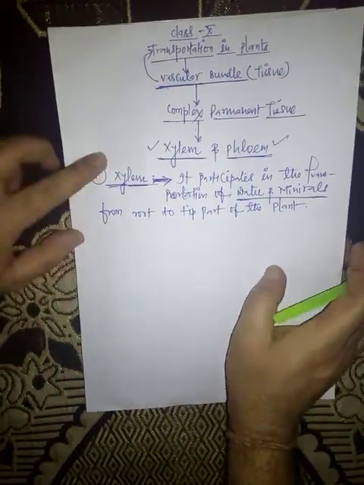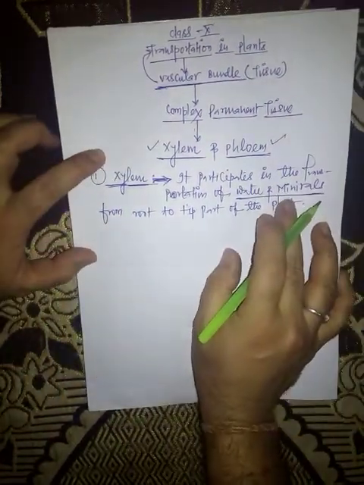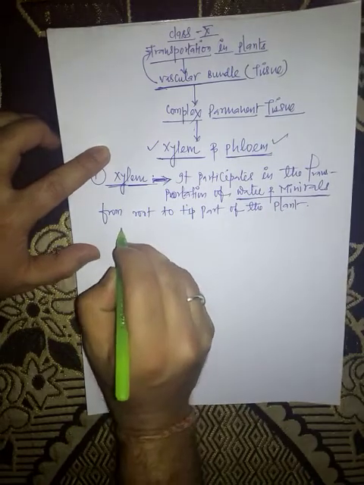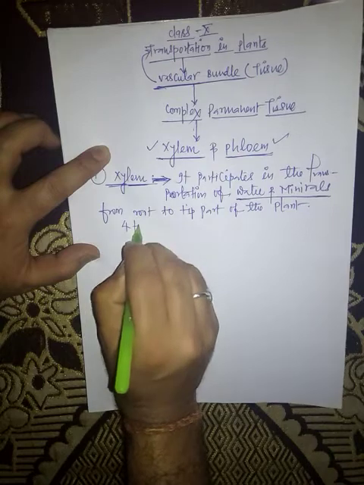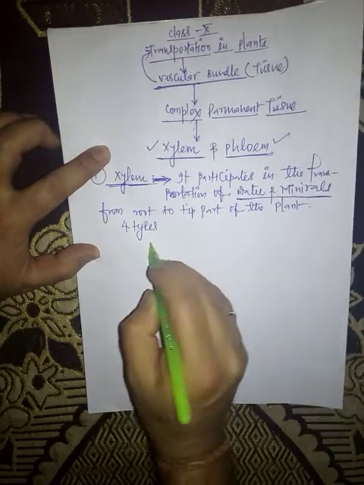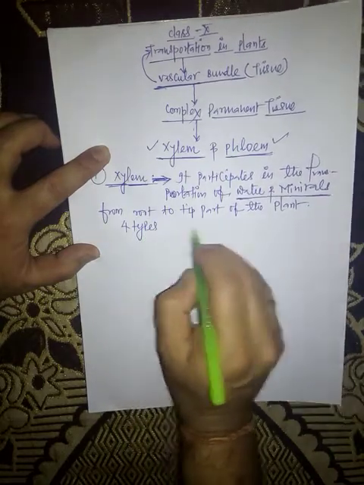Xylem is made up of four types of cells or components. These four components are the following.